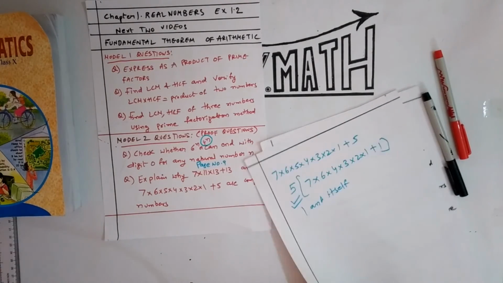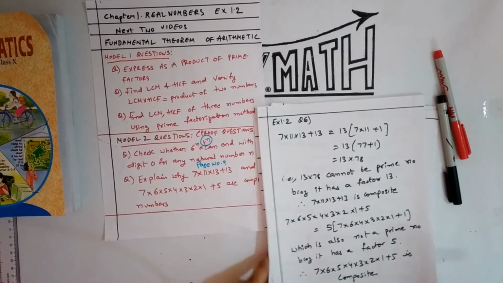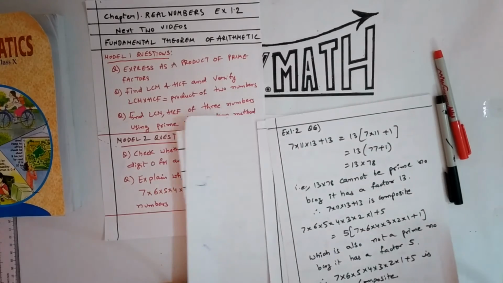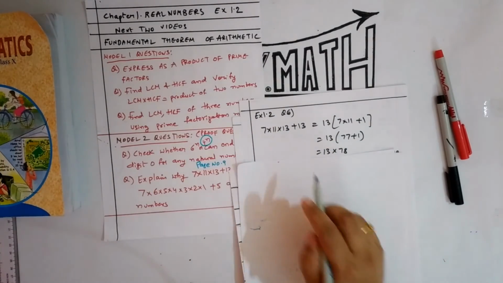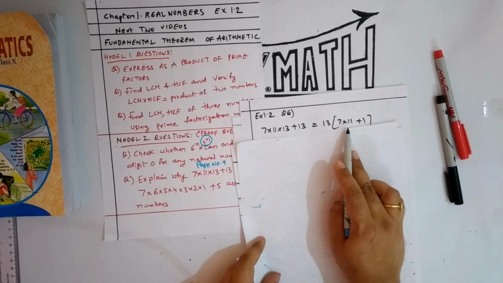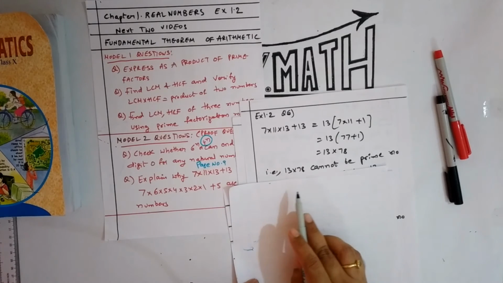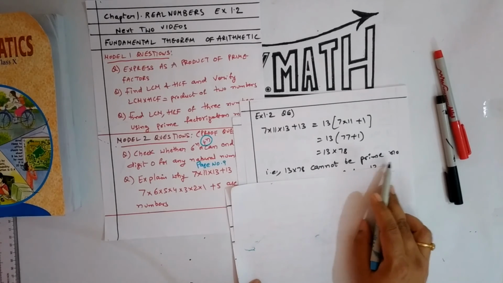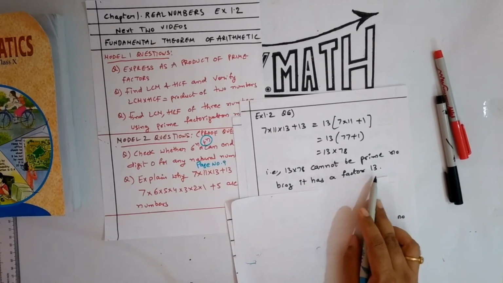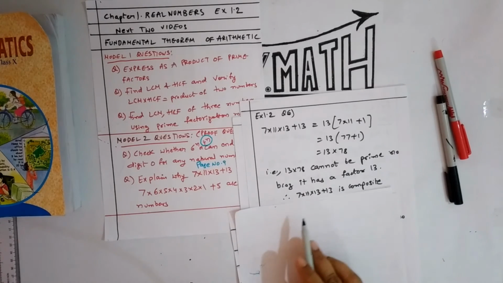Let's note down the formal solution for this numerical also. This is the numerical. When you take 13 common, 7 into 11 plus 1, 77 plus 1, 13 into 78. 13 into 78 cannot be a prime number because it has a factor 13. This is a prime factor other than 1 and itself.